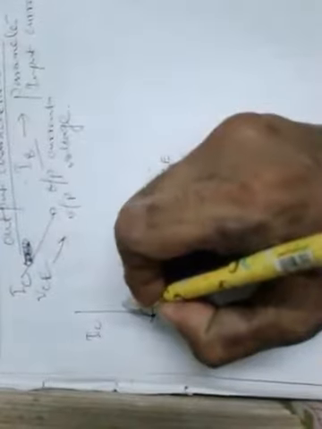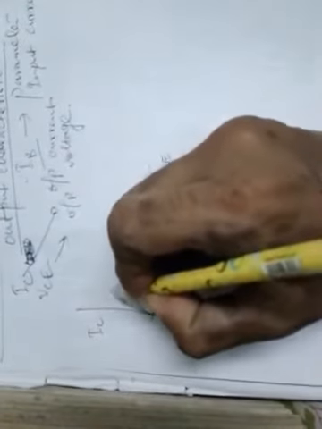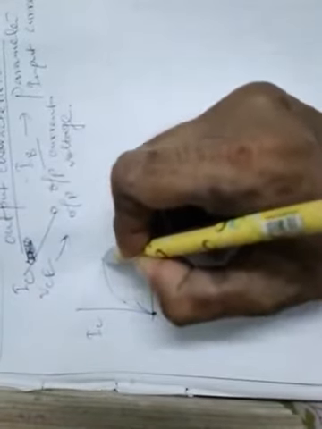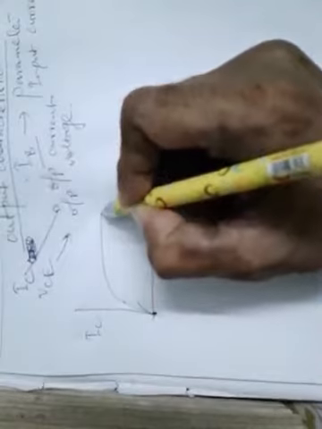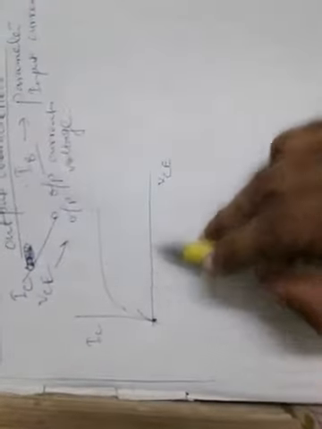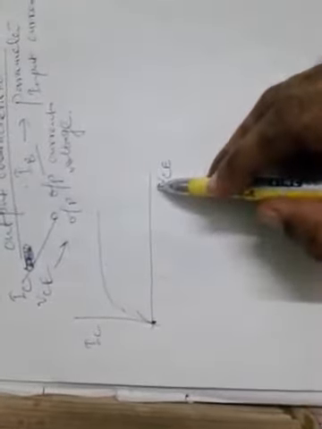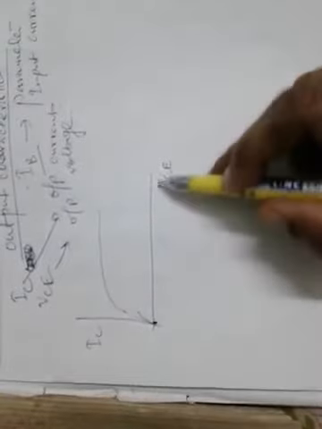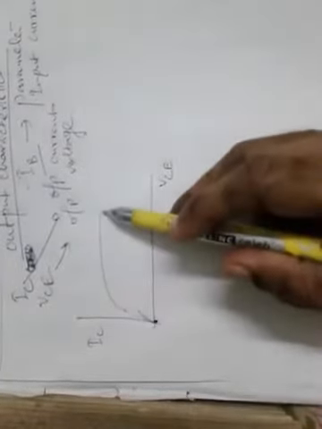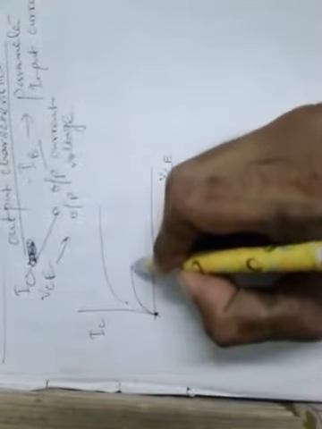The curve will bend, and the current will be almost constant, independent of the voltage on the x-axis. So irrespective of increasing the voltage, the curve will almost remain constant. It will be something like this.